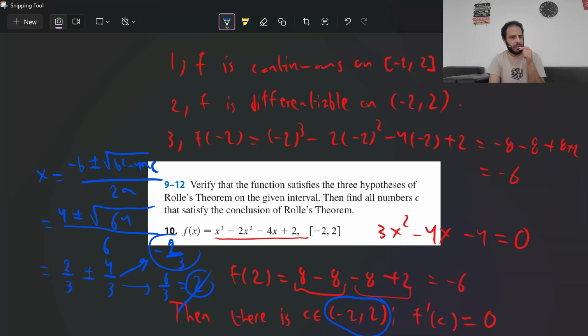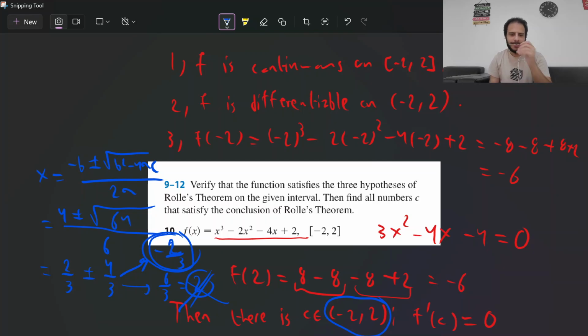No. So 2 we don't want. Minus 2 over 3 must be in the open interval. Because remember, the theorem tells you that there is C in the open interval. If there are more than one solution, you need to check which solution is in the open interval, okay? So here 2 is not. Then the other one must be, even if you don't calculate the value.